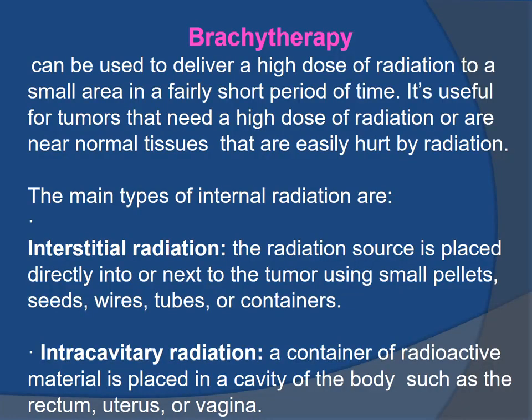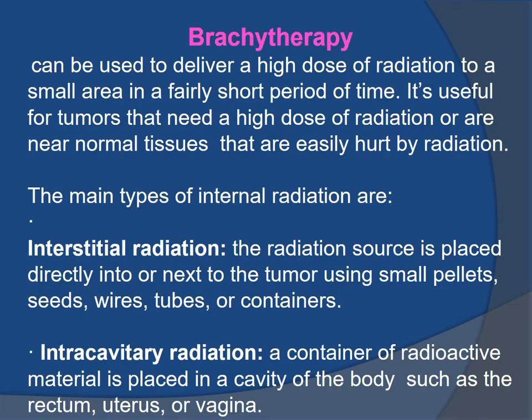Brachytherapy. Brachytherapy can be used to deliver high doses of radiation to a small area in a fairly short period of time. It's useful for tumors that need high doses of radiation or are near normal tissues that are easily hurt by radiation. The main types of internal radiation are interstitial radiation or intracavitary radiation.